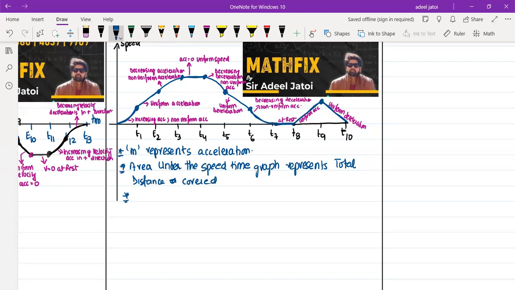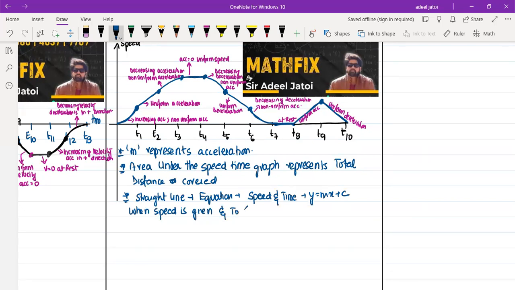Third thing, when we have a straight line, we can find the equation of speed and time using y = mx + c when speed is given and to find time, or vice versa.